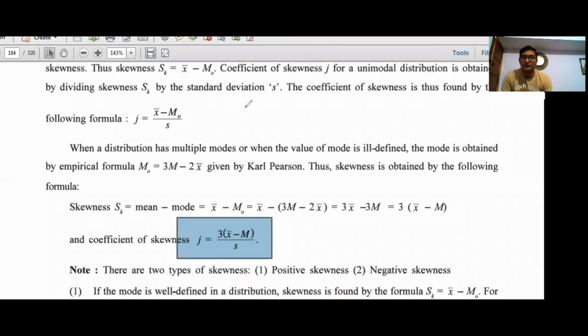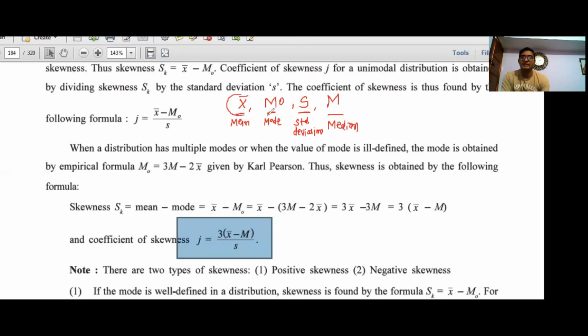Then first of all we have to find x bar, Mo, s, or instead of Mo we use M. That is mean, mode, standard deviation, and median.